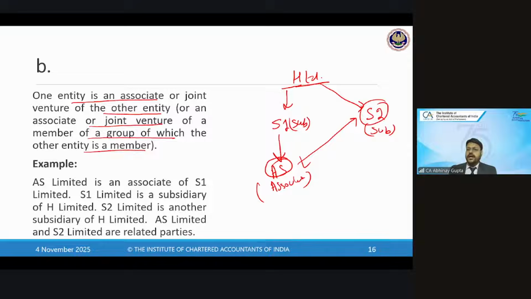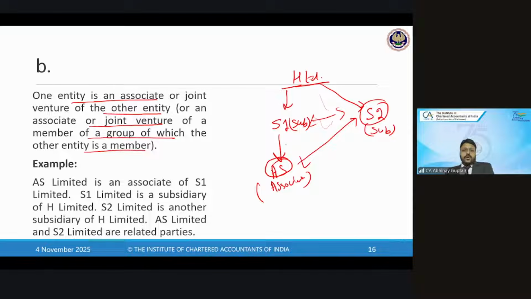Now let's apply our rule book, the rule book of control. Who is controlling whom? H Limited is controlling S1, related party. H is controlling S2, related party. S1 and S2 are related to each other by virtue of which clause? Clause A. So clause A says S1 and S2 are related to each other.